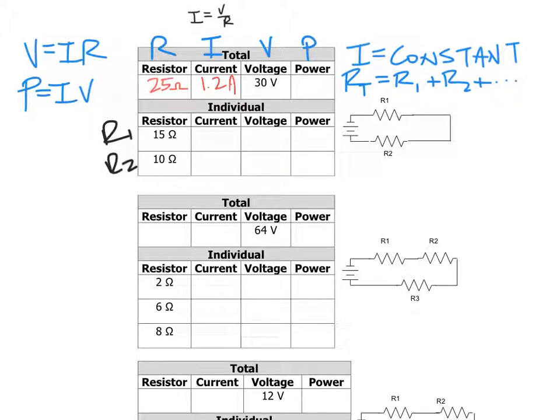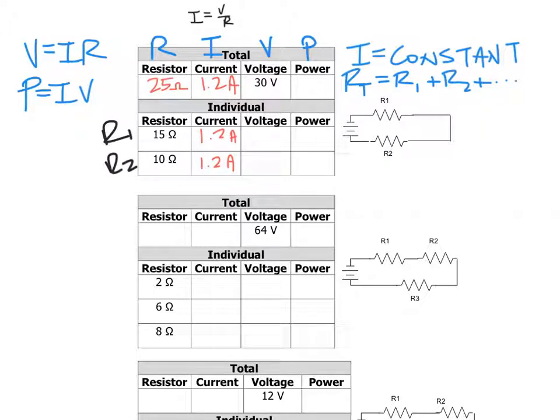And I know, according to my rules, over here to the right, that current is constant. So I'm going to write 1.2 all the way down. 1.2 and 1.2.